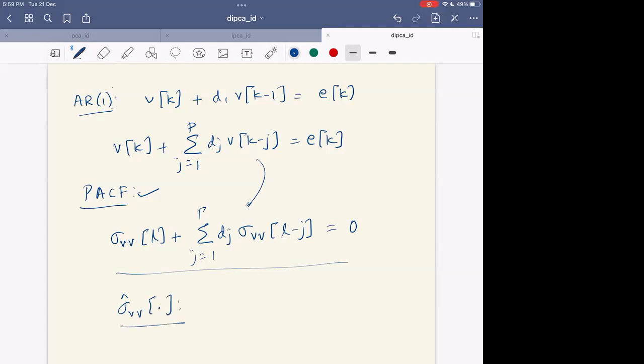You can construct a stacked vector or matrix of estimated autocovariances at different lags. But the errors in the estimates have to be Gaussian distributed. There is a result by Bartlett which says asymptotically errors in ACF estimates are Gaussian distributed. But then they may be heteroscedastic, and you can use IPCA in that case.